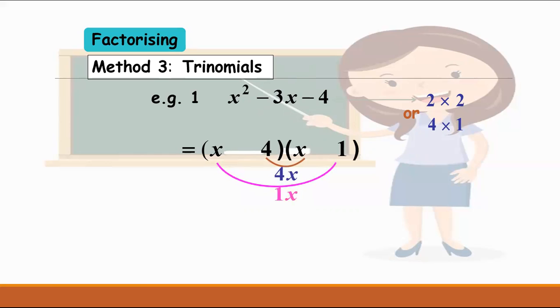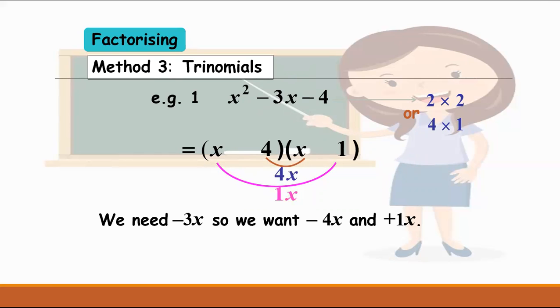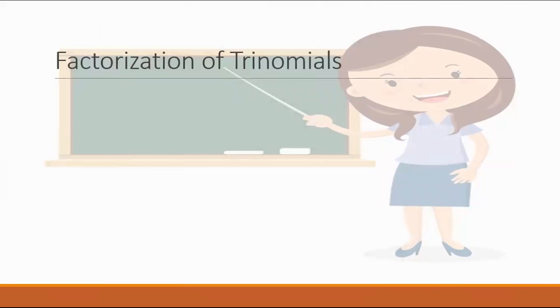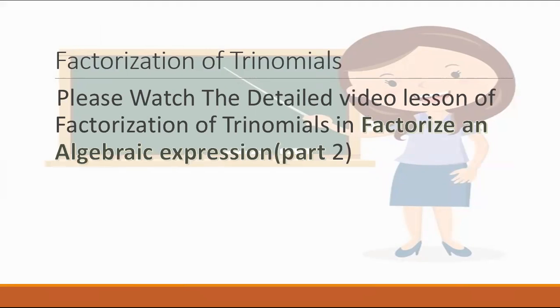This method is quite elaborate, so you may be unable to understand at this step, but we will definitely discuss it in the next video. Factorization of trinomials is a very vast concept. So please watch the detailed video lesson of factorization of trinomials in Factorize an Algebraic Expression, Part 2. I hope you enjoy this video and the next video also.